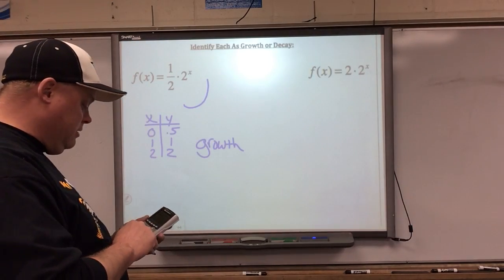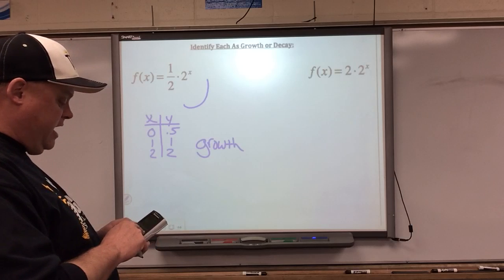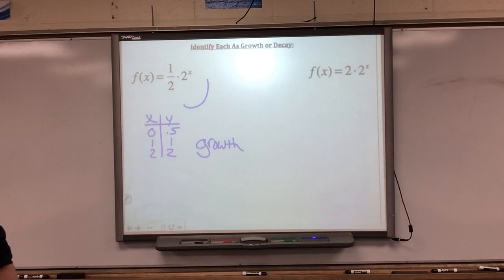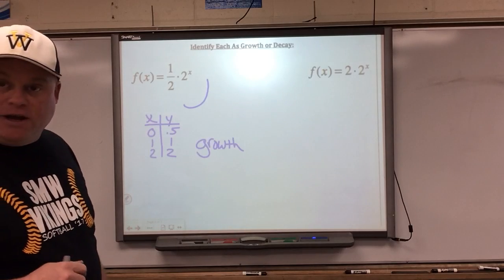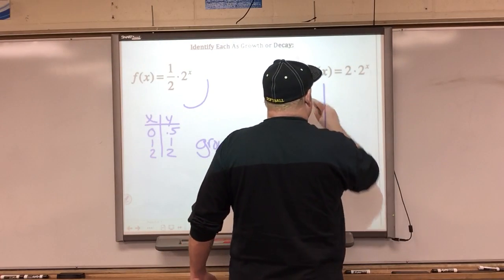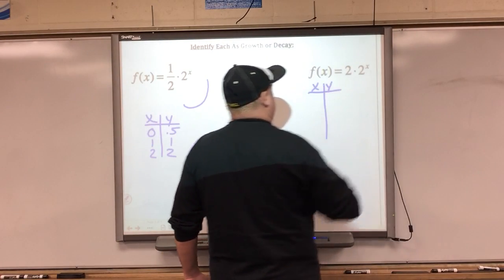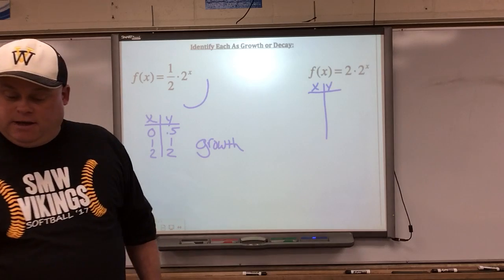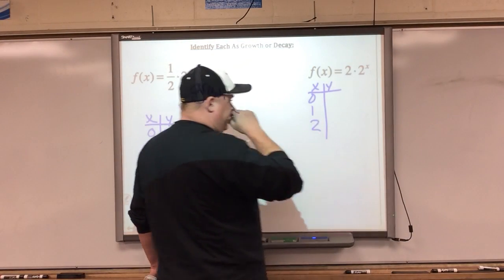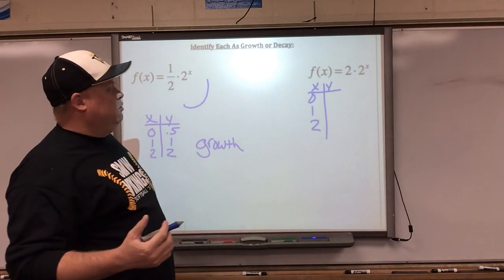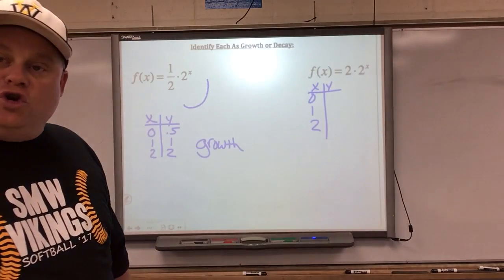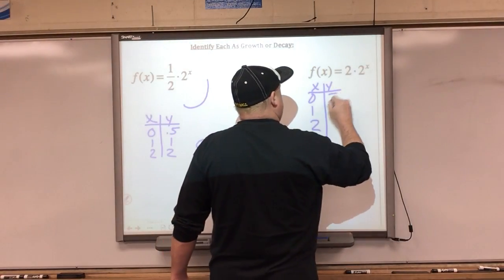Do the same thing. Plug it into the calculator and figure out what you have. As I plug it into the calculator, I'm going to find my table and look at it. I have the values 0, 1, and 2 again. If I plug in a 0, you should get the value of 2.